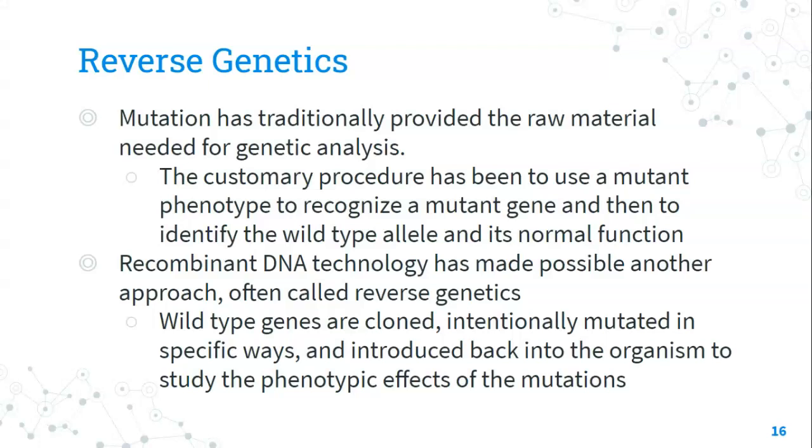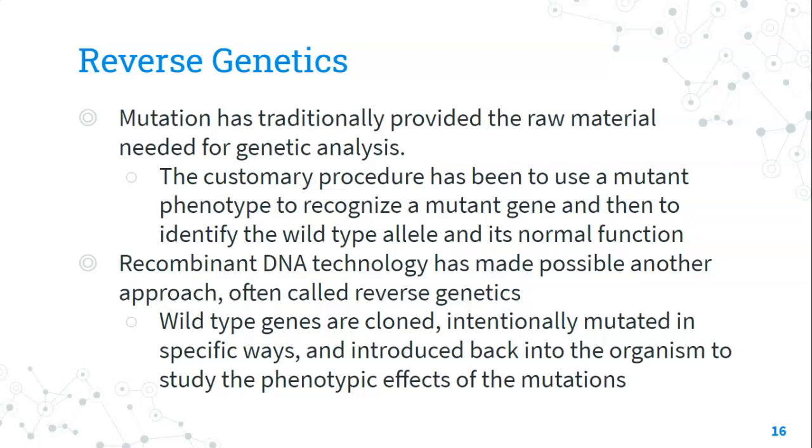And then the last thing I want to talk about today is reverse genetics. What we've been talking about so far this year is that you can change a genome through mutations. Mutations traditionally provide the raw material needed for analysis. You have a wild type of something, and then a mutation will give you a mutant phenotype.